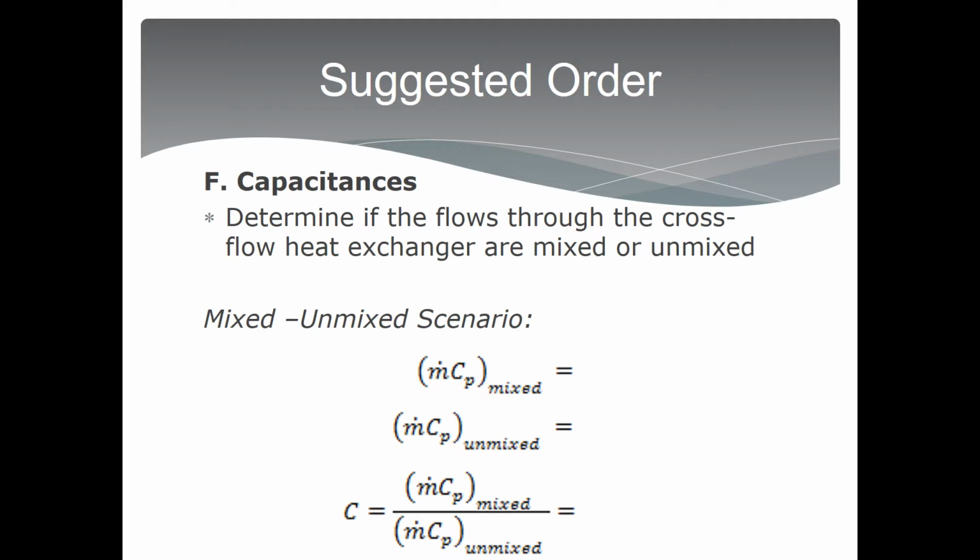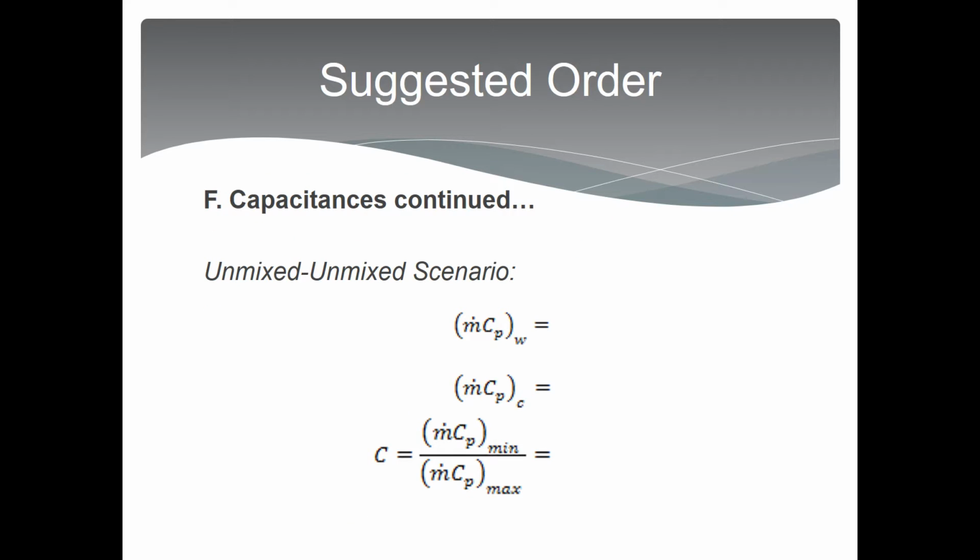The overall capacitance for the mixed unmixed is a ratio of mixed capacitance over unmixed capacitance. The overall capacitance for unmixed unmixed is a ratio of the smaller individual capacitance over the greater individual capacitance.